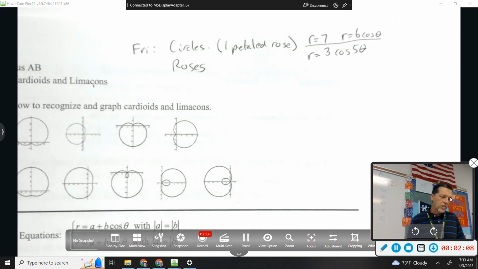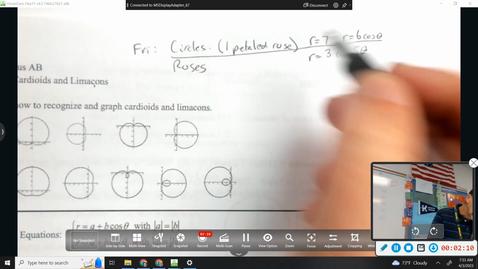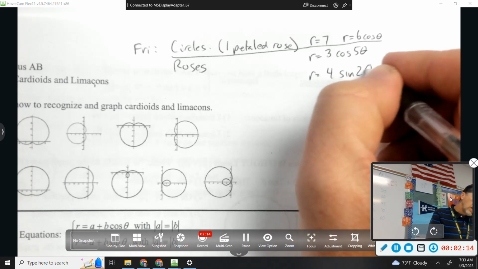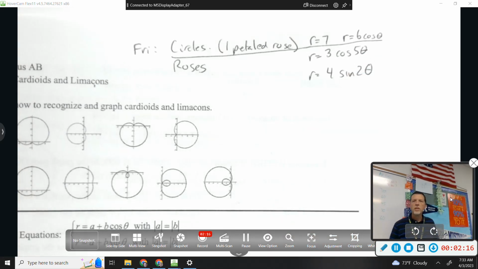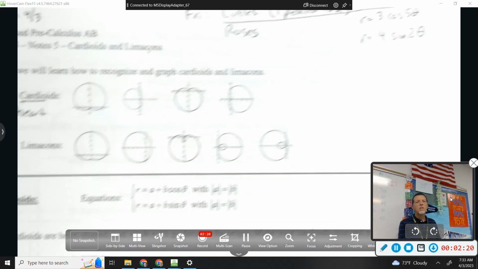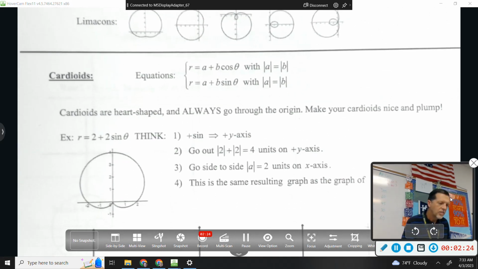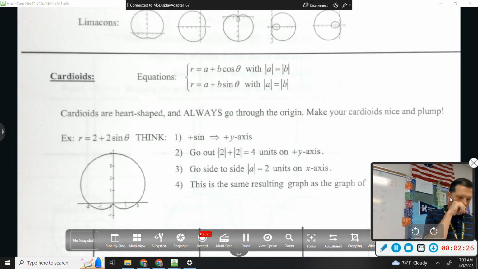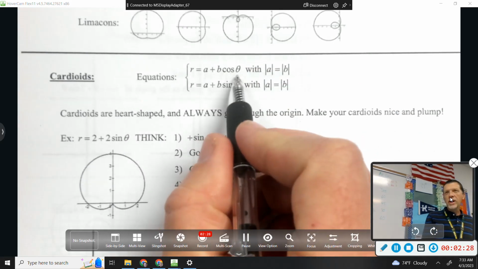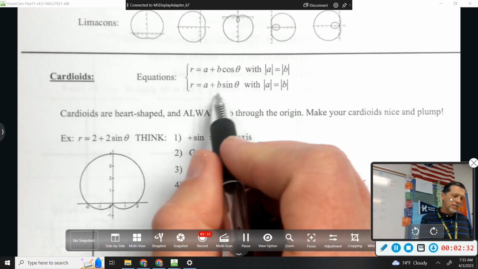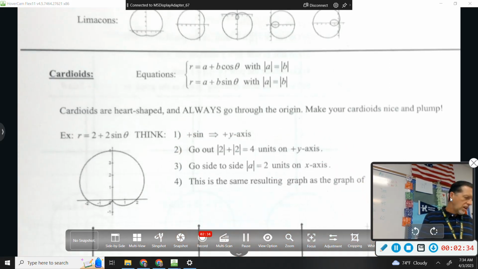So there's your circles and roses examples. Cardioids have an extra term on there. We've got an a plus b cosine theta. So there's no multiplier on the theta, but there is this extra addition thing out front, a plus cosine and sine.